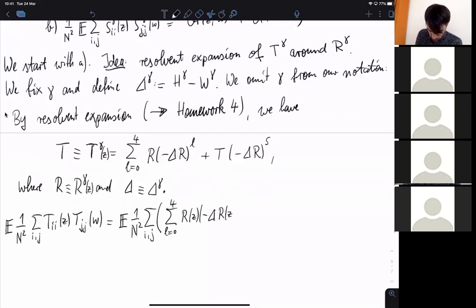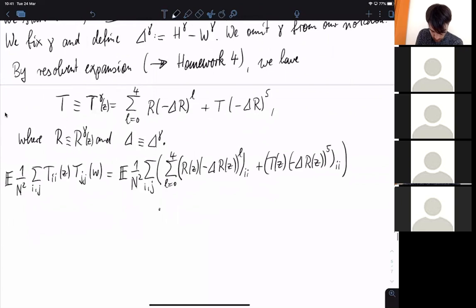Then I need the ii entry of this whole part, and then I have T(z) times minus delta R(z) to the 5, also the ii entry.